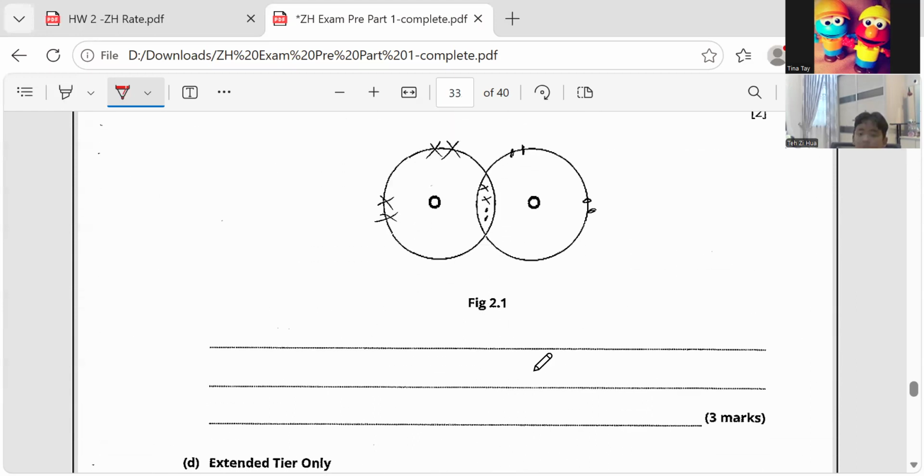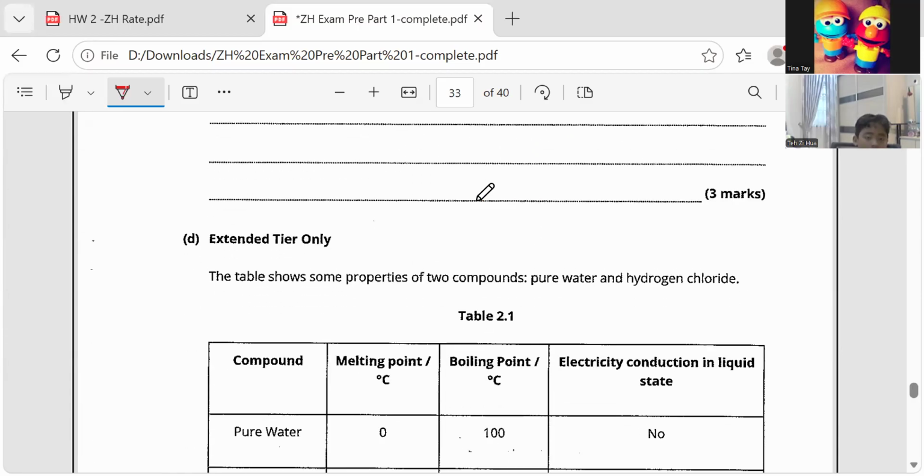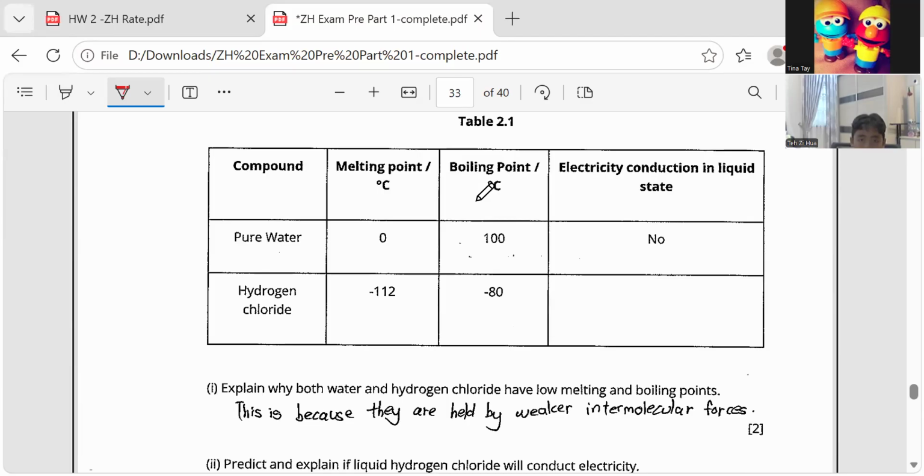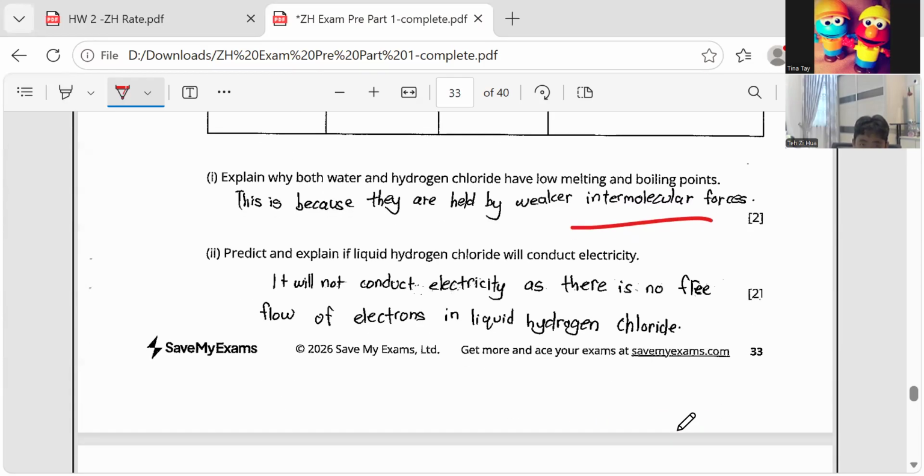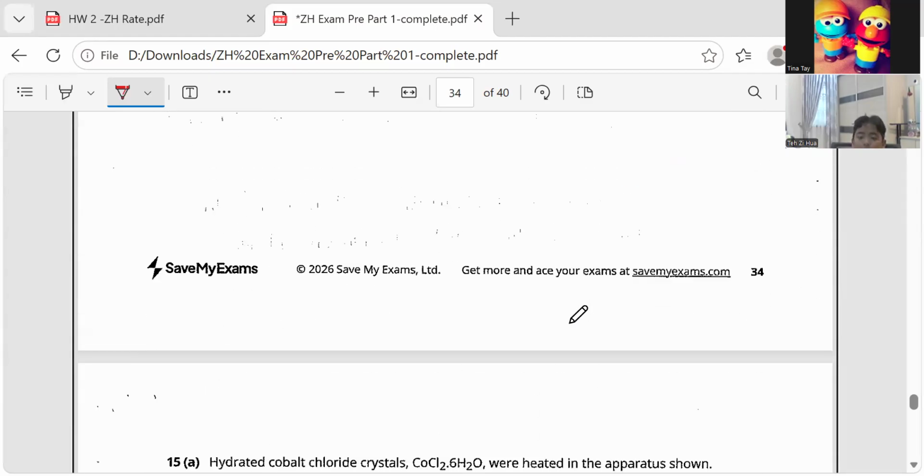Okay. So, intermolecular forces. Okay. Is that all?